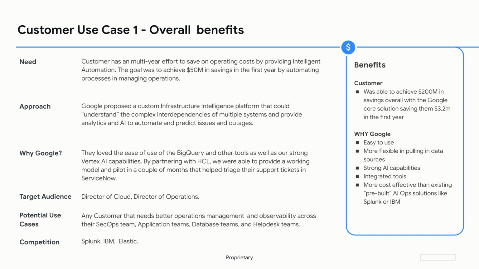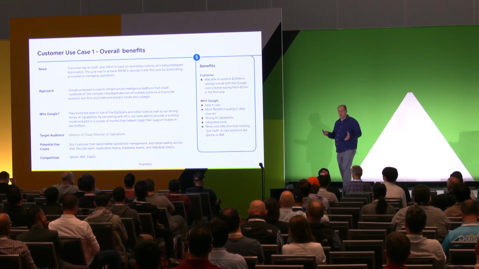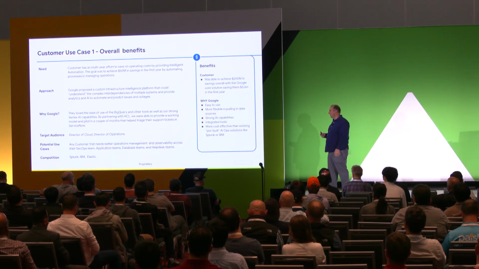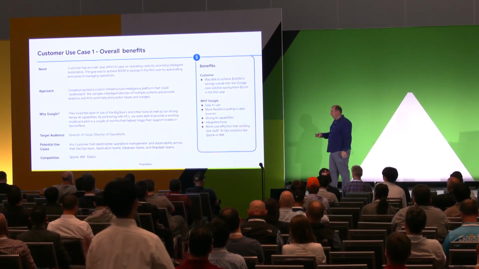They found the ease of BigQuery. Basically, within a month, we were pulling in ServiceNow tickets through BigQuery, through Looker, having an analytics platform. So we already had a dashboard across a bunch of different systems for them that they didn't see before, as well as starting to triage some of their tickets. So they were like, this is quick, this is easy, let's continue on with this as well.